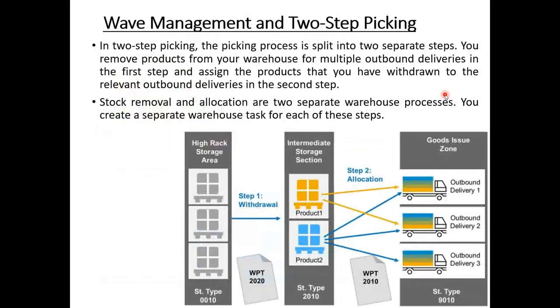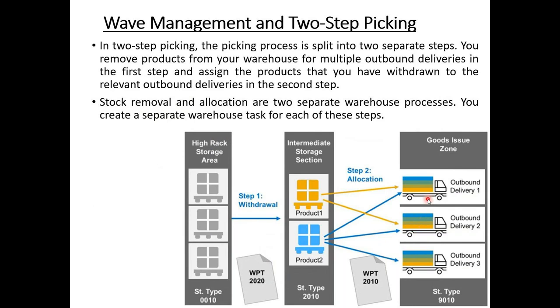And then you have the wave process. In case two trucks are coming for Walmart, here you can see you have three trucks coming, one for Walmart, another for Costco. The first one requires one carton of apples. The second one requires 2 cartons of apples. So you have two options.